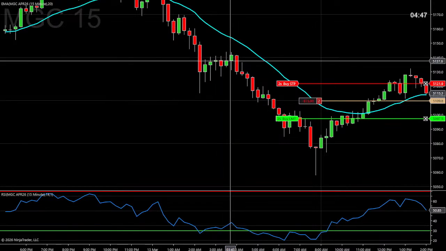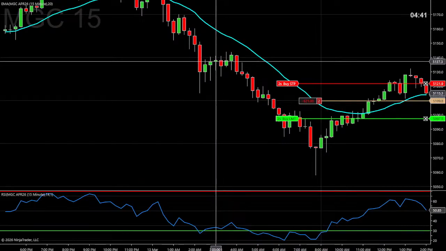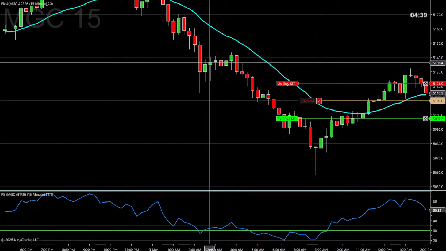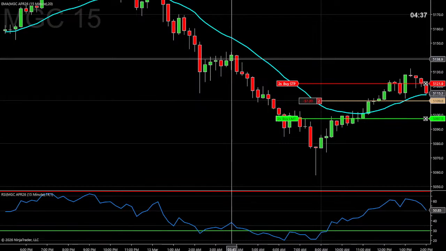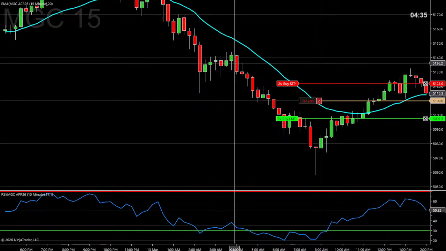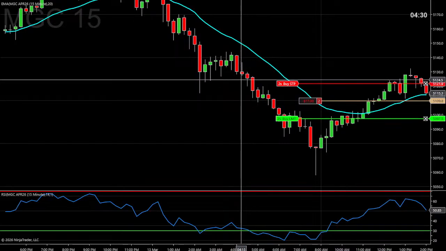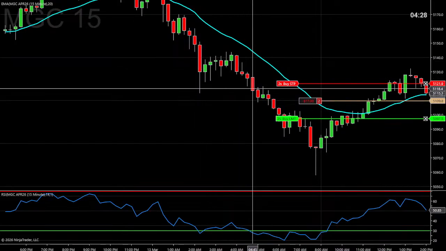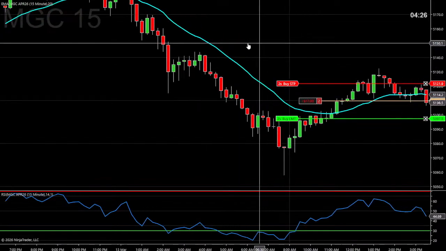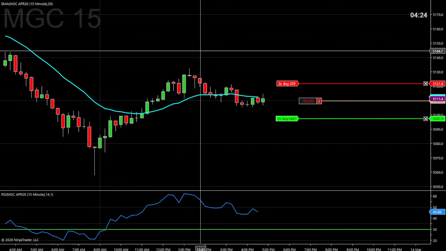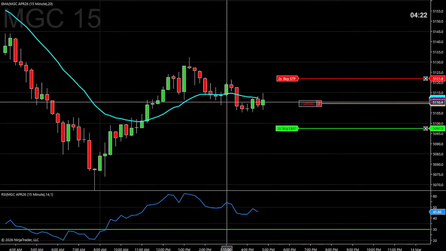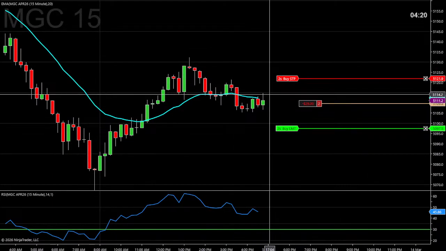If you look at the open of this candle, the close of this candle, the open and close of this one, and the close of this one, they're all pretty much in a straight line. But they were below the average and moving below the average, and continued to go down. Whereas here, they're all bunched up and they're all sitting about the average.